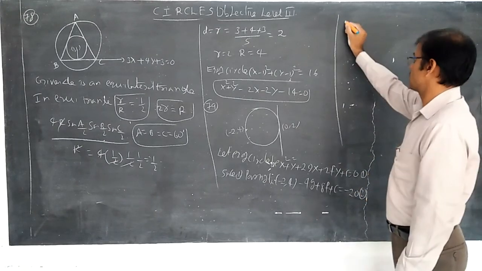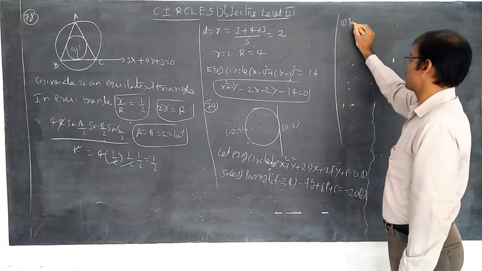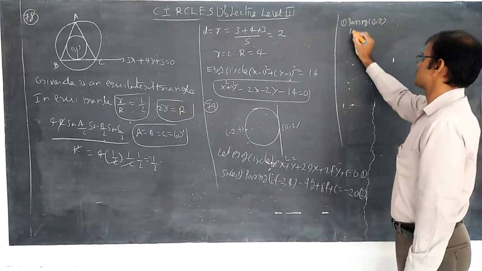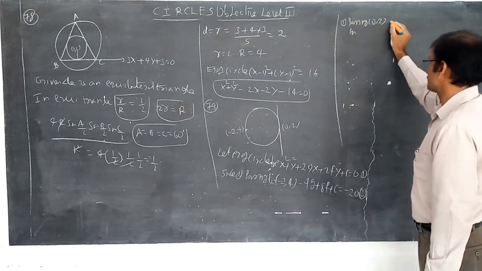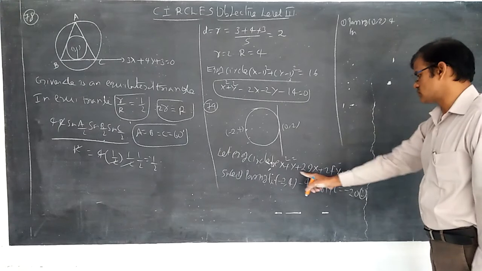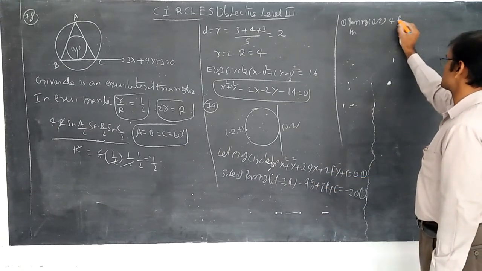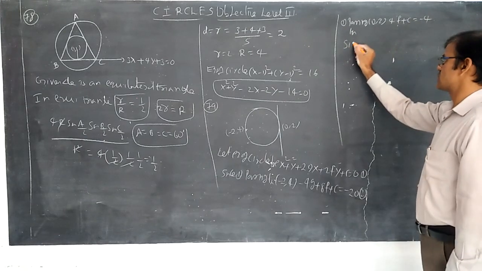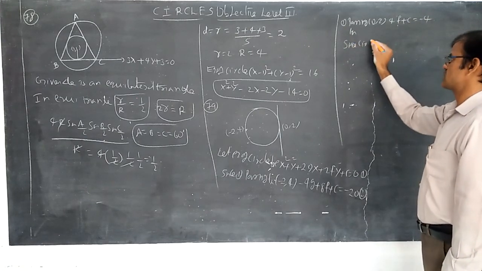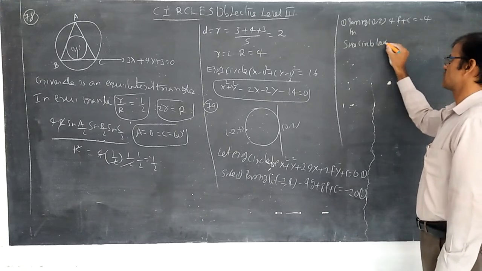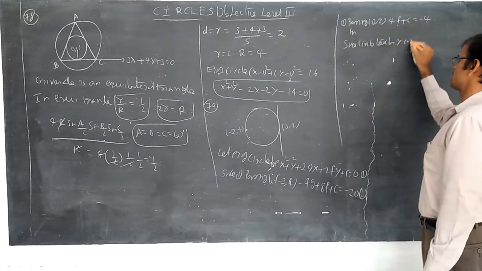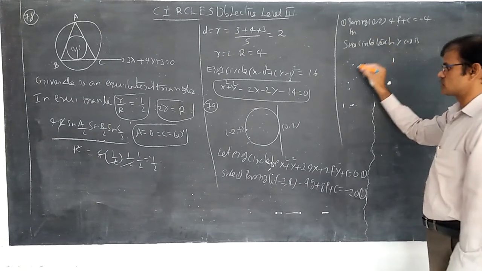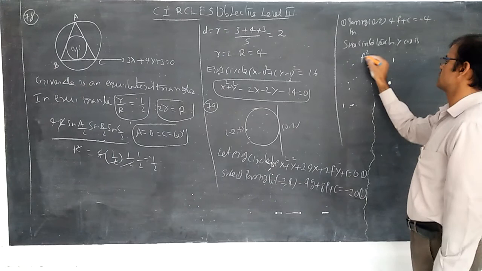Secondly, again it is passing through the point 0, 2. Substitute here: 0 plus 4 plus 0 plus 4f plus c, so 4f plus c is equal to -4. Since the circle touches the y-axis, while practicing sums for exams, no need to write all the matters like this.